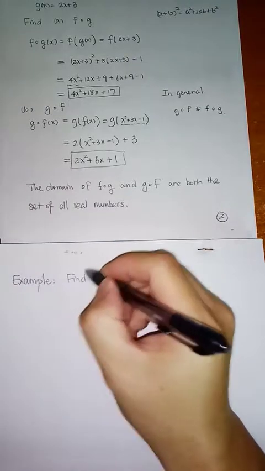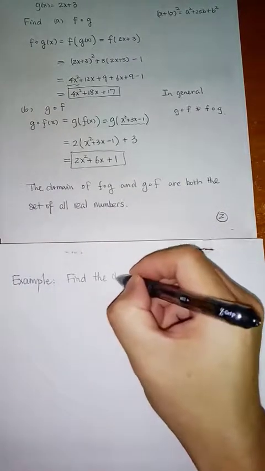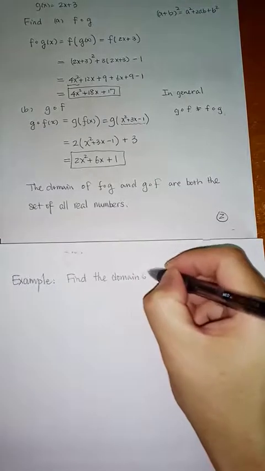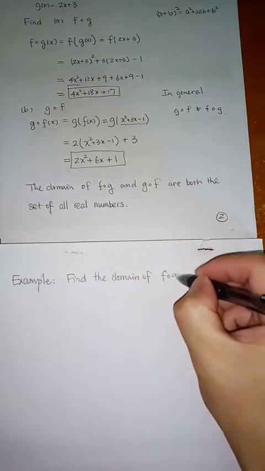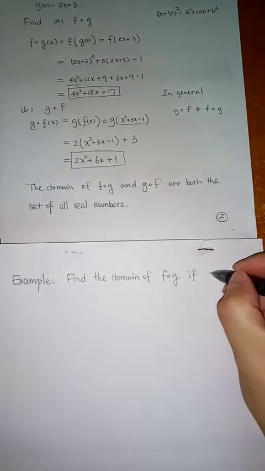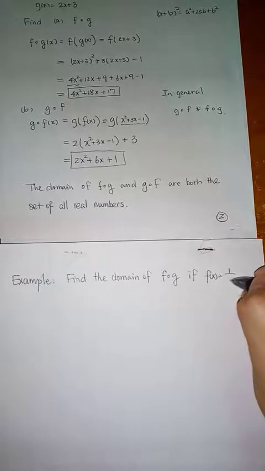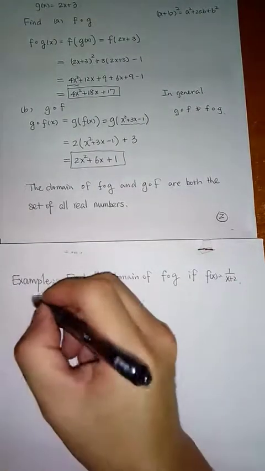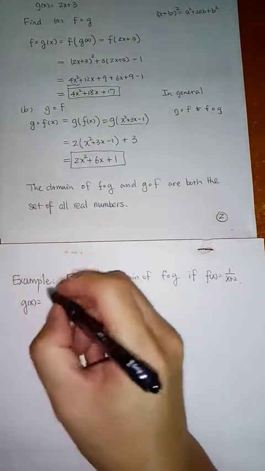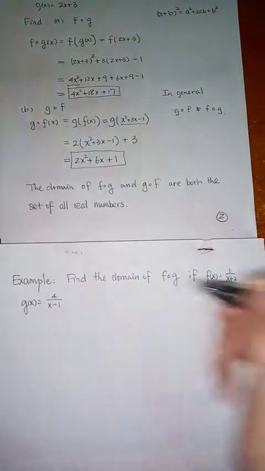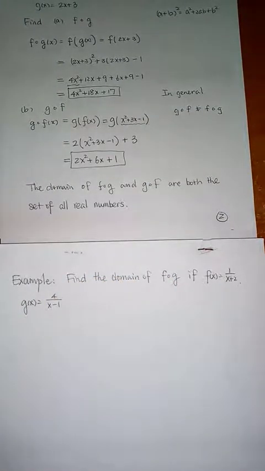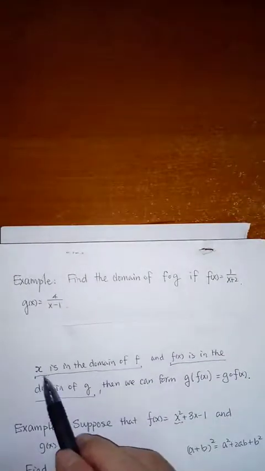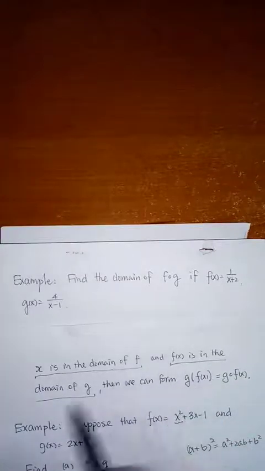Find the domain of f composed with g if f(x) is 1 over x plus 2, g(x) is 4 over x minus 1. Okay, so you have to satisfy two conditions. Remember, in this part of the discussion, x is in the domain of f, and f(x) is in the domain of g.